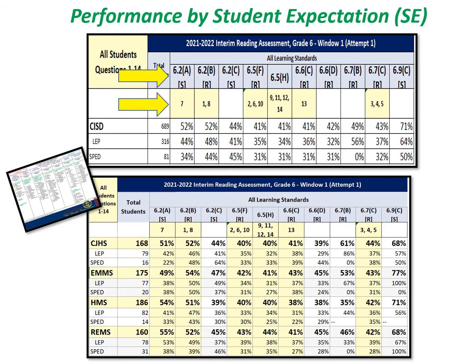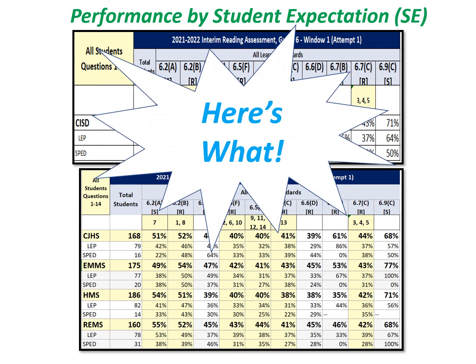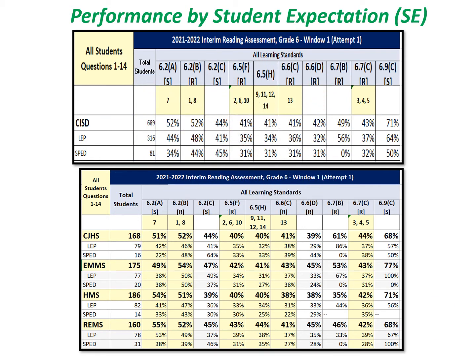So what are the facts for this data piece? Let's take a look at that. So here's what regarding this data piece. Have your data protocol handout ready. Get ready to write down some facts. Here's a fact. Students performed in the 40s in the highly tested SEs.